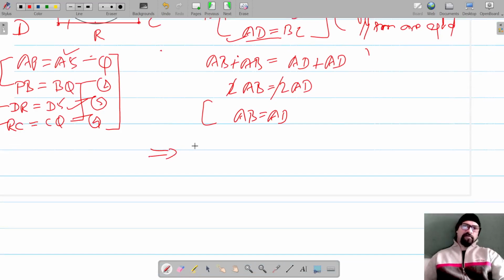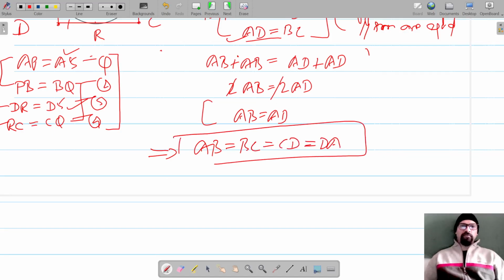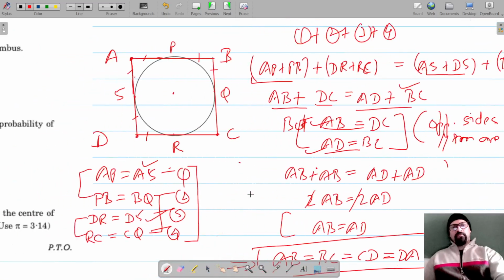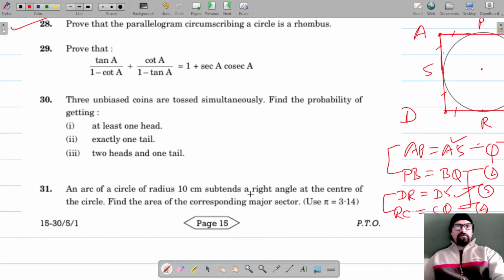So this implies that AB is equal to BC is equal to CD is equal to DA. So in the parallelogram, all sides are equal. Therefore, parallelogram ABCD is a rhombus.